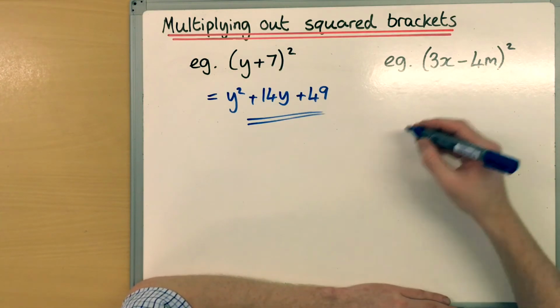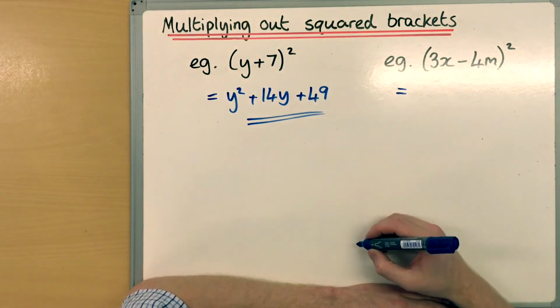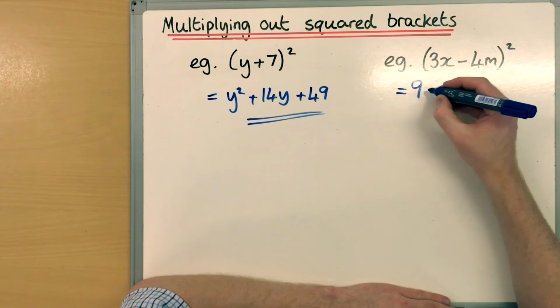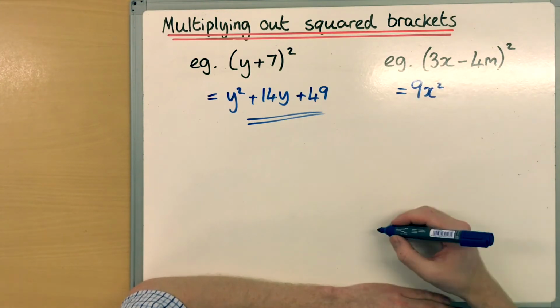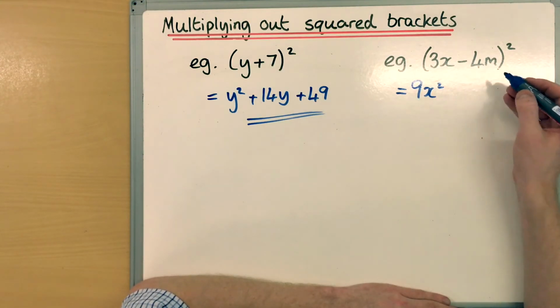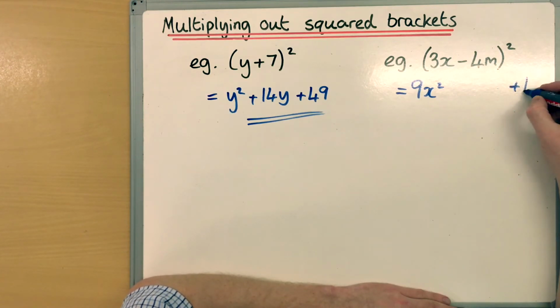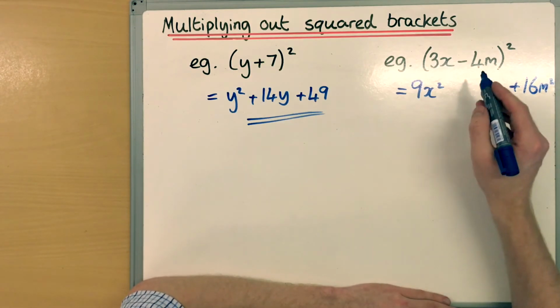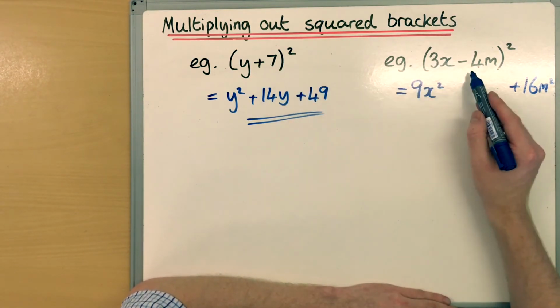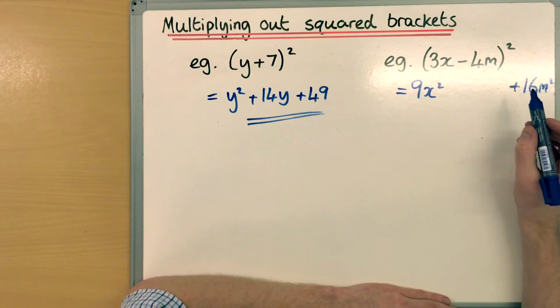And over here, we're going to take 3x, square it, that'll give us 9x squared. For our last term, we're going to take minus 4m, square it, will give us double negative, plus 16m squared. So one thing to note is that whether it's positive or negative, when you square this last term, you'll always be adding.